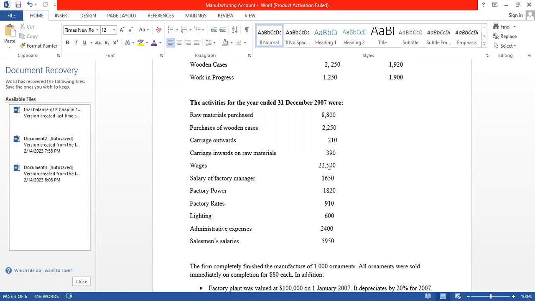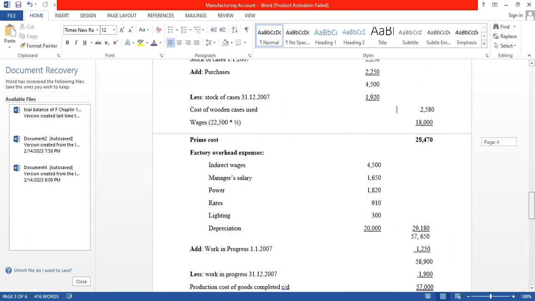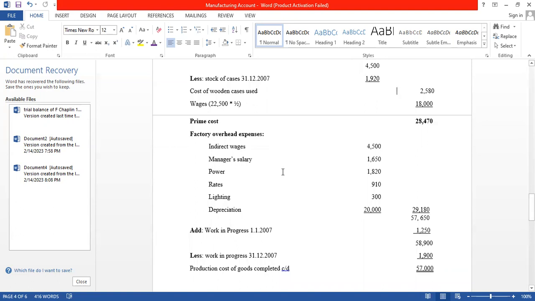So now we are going to scroll back down to the solutions. Right. And our prime cost is $28,470. This is the third thing that they told us to find.